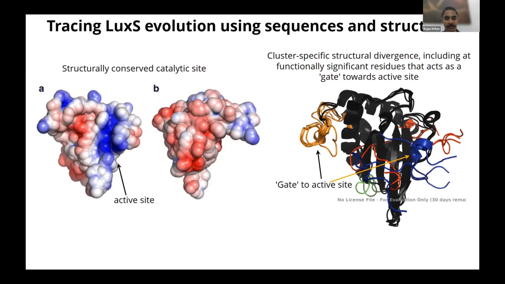So we inferred that such divergences could also contribute to the role of LuxS, which enables it to adapt to different sorts of bacterial environments, while at the same time evolving a common communication mechanism between different sorts of bacteria.